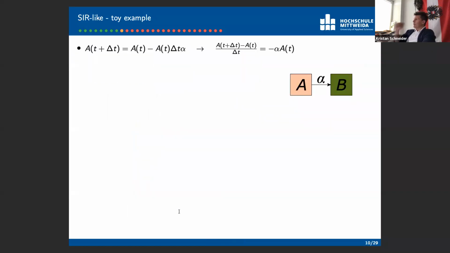Okay, so let's go again to this equation. We can do some algebraic manipulation and see that the change in the numbers divided by the time unit delta t is minus alpha times A of t. And we can do the same thing for the second equation.